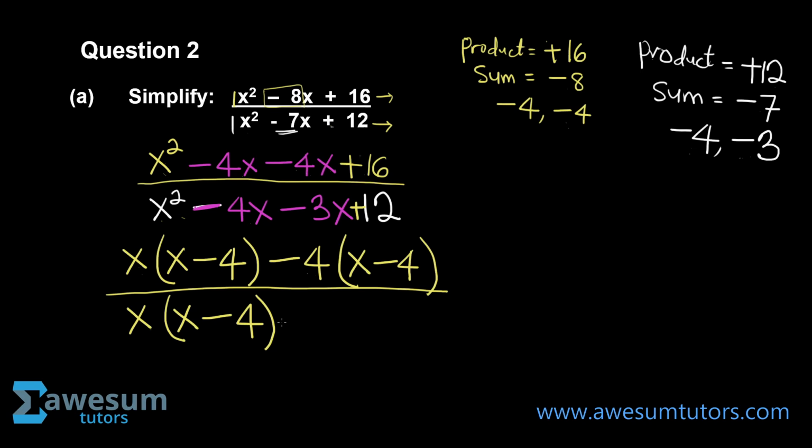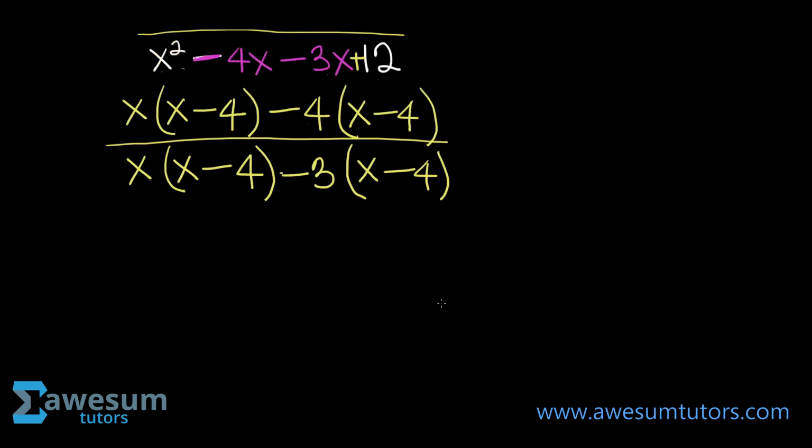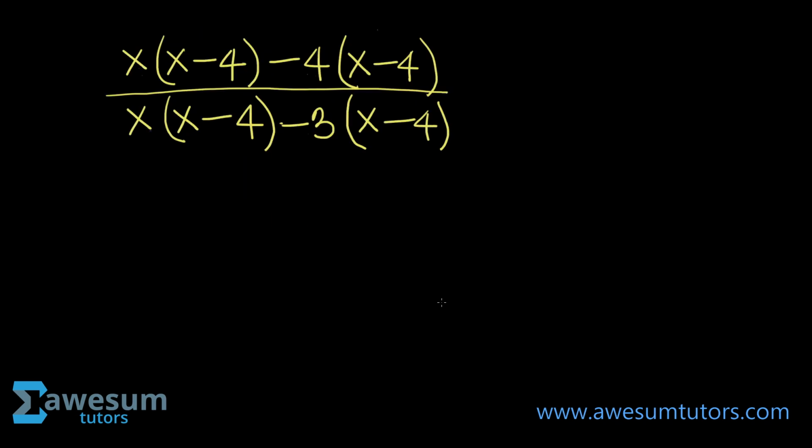So let us go ahead. What is common between minus 3x and plus 12? Minus 3 is a factor. Minus 3 in minus 3x, I have x. Minus 3 in plus 12, I have minus 4. Very good. So now to go ahead and solve this, if you remember your quadratic expressions very well, all you have to do is bring this x and this minus 4 together.